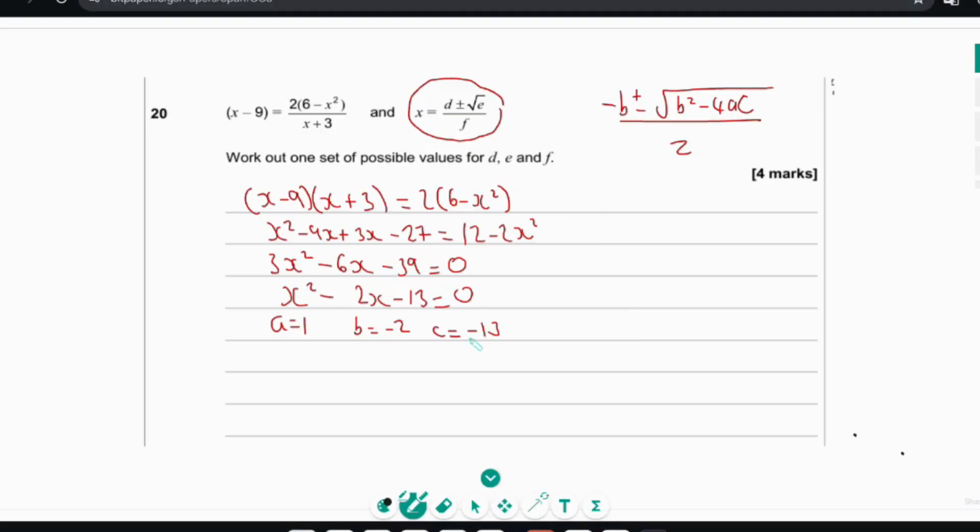So minus minus 2 is 2. Minus 2 squared minus 4 times a times negative 13 all over 2 times 1, which is 2. Okay, so we've got 2. If I work that out, don't forget to put your brackets around your minus 2, otherwise your calculator will work it out incorrectly.